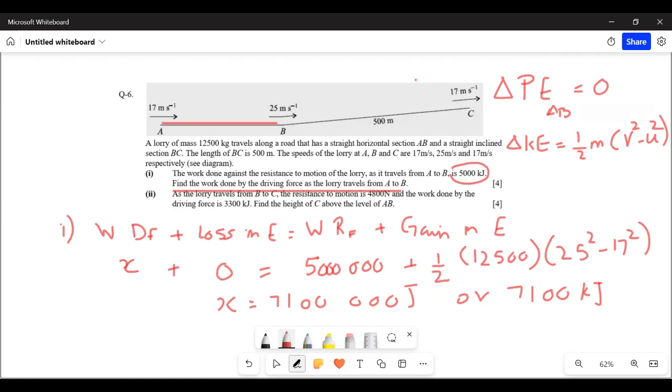So since it's a horizontal surface, there's no change in potential energy, so that is disregarded. And since the speed is increasing as it goes from A to B, there's an increase in kinetic energy or a gain in kinetic energy. So we write it towards the right-hand side of the equation, where we're supposed to write the gain.